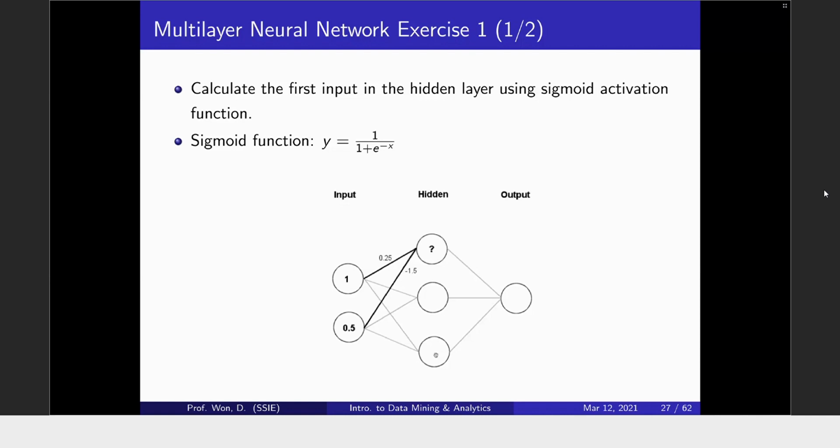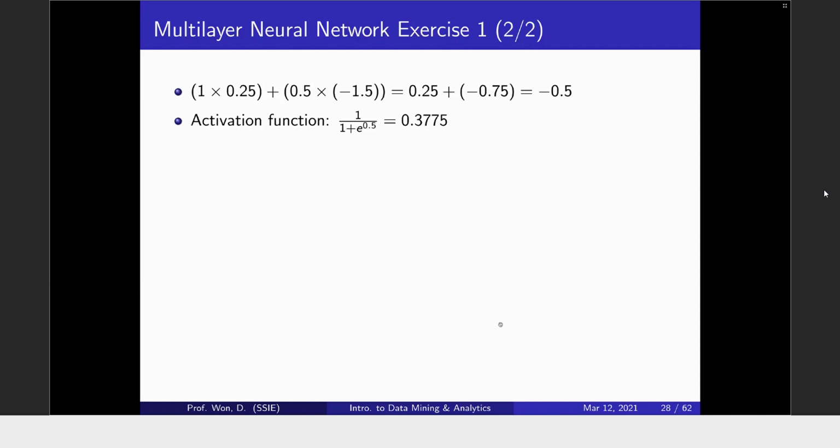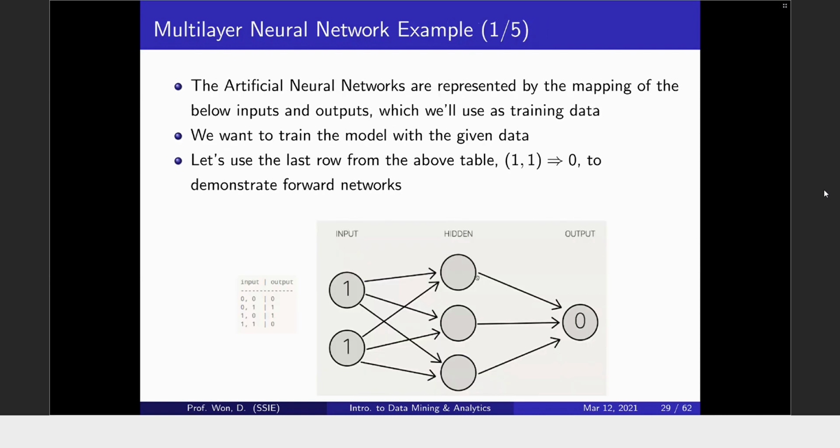Okay, now we are talking about the second thing, right? Input and output. For example, here, these are the inputs and these are the outputs. If the input is 0, 0, then the output is 0. If the input is 0, 1, then the output is 1. 1, 0 is 1, and 1, 1 is 0, right?